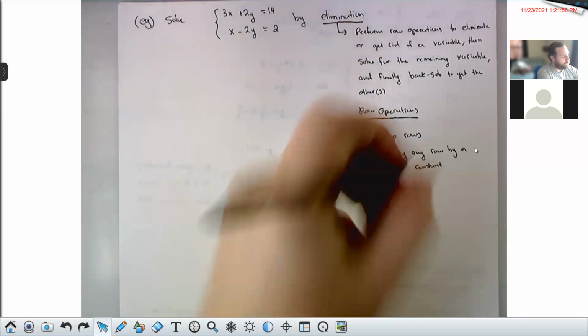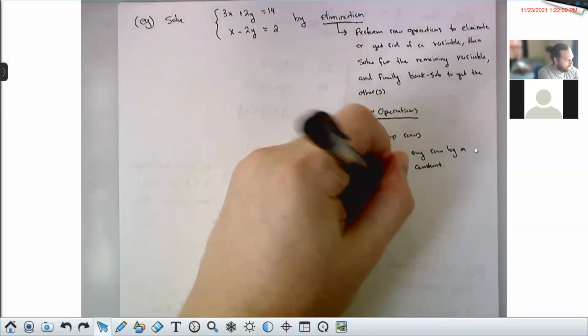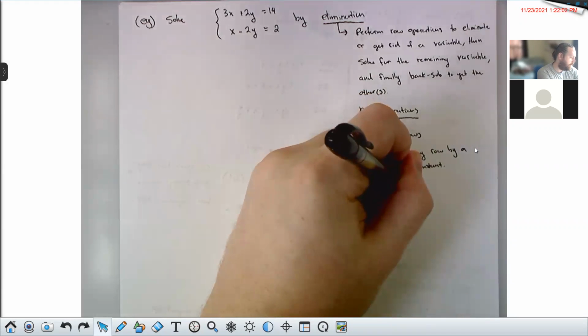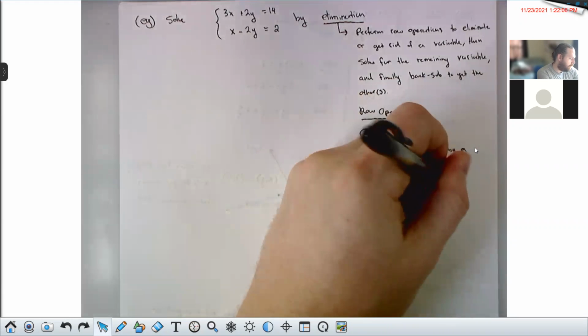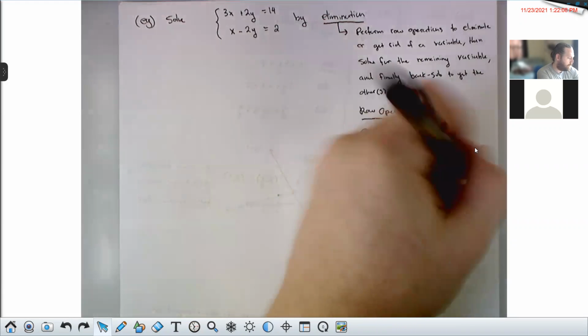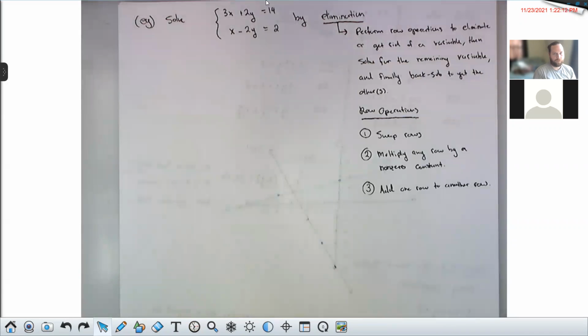You can add one row to another row. So here I might leave row 1 alone, but change row 2 by adding row 1 to row 2. So you can take any one row and add to it one of the other rows.